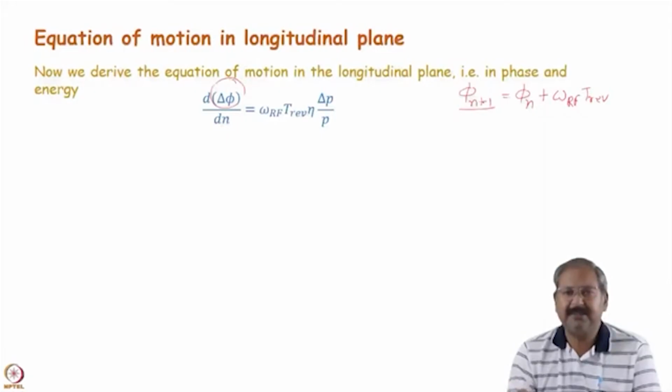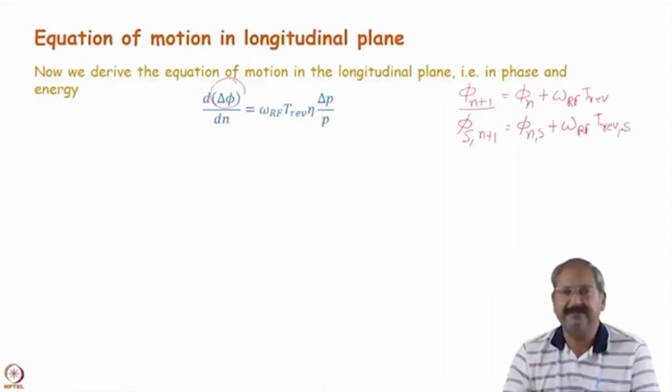Now a similar equation will hold for the synchronous particle also. So we will have phi of the synchronous in the n plus 1th turn equal to phi of the synchronous in the nth turn plus omega RF, and in place of T revolution it will be T revolution for the synchronous particle.